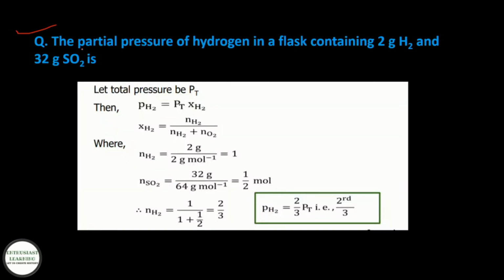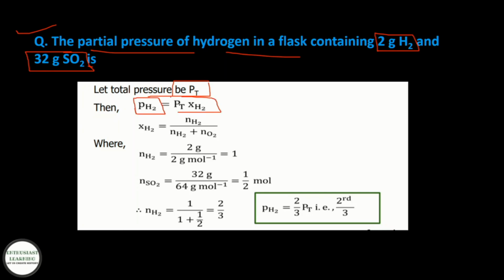Now the question. The partial pressure of hydrogen in a flask containing 2 gram of hydrogen and 32 gram of SO2 is? So now let the total pressure be Pt. Pressure of hydrogen is equal to total pressure into mole fraction of hydrogen. Now mole fraction of hydrogen is equal to number of moles of hydrogen upon number of moles of hydrogen plus number of moles of SO2.